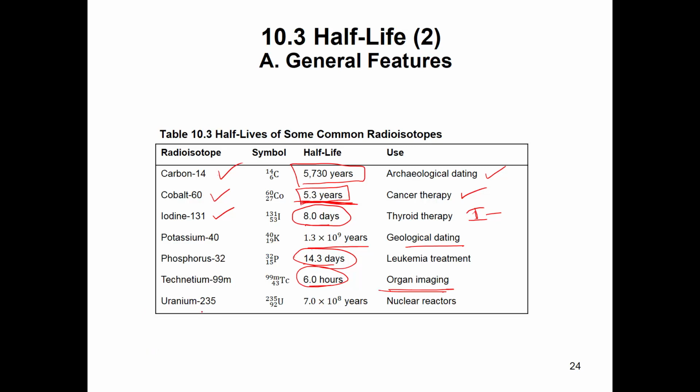And then uranium-235, which we use in nuclear reactors, is 7 times 10 to the 8 years, and so that's why nuclear reactors and the waste they produce are an issue, because it takes so long for that to become non-hazardous.